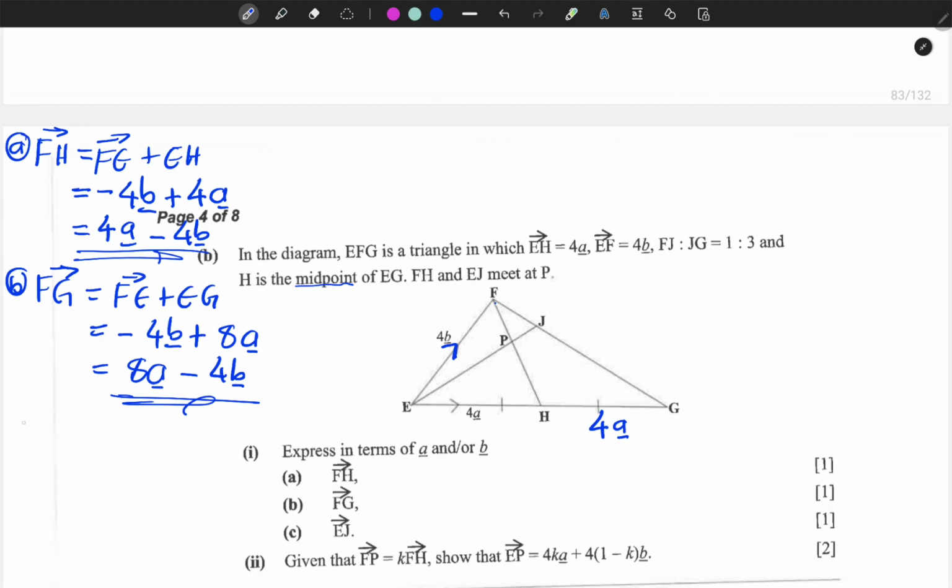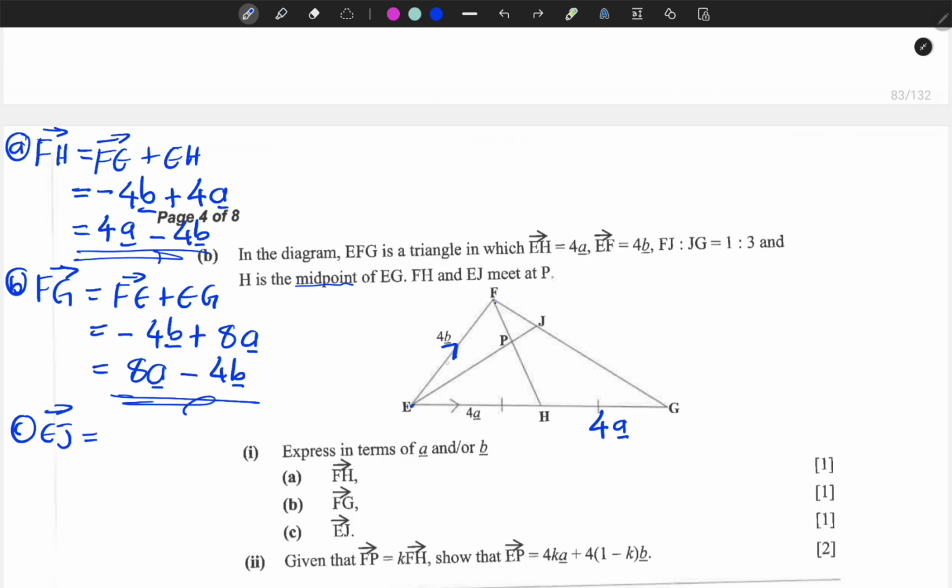We move on to question number C. Express EJ. So the vector from E to J. So we can move in this direction, or we can move in this direction.